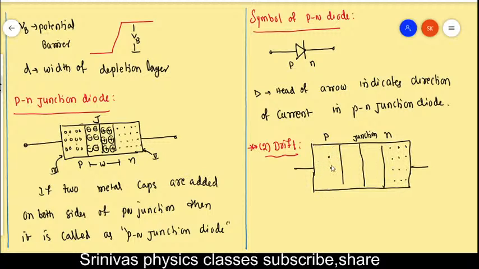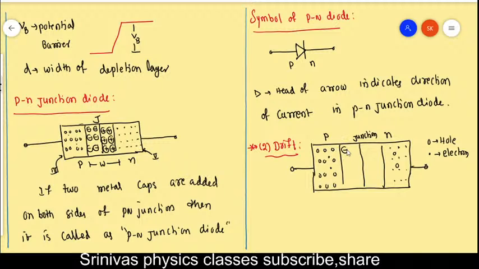Holes are majority and electrons are minority in the P region. In the N region, electrons are majority and holes are minority. The small circle is the hole and the dot is the electron. How majority and minority arise we discussed in the last class. Now what happens at the depletion layer is that there is some electric field.